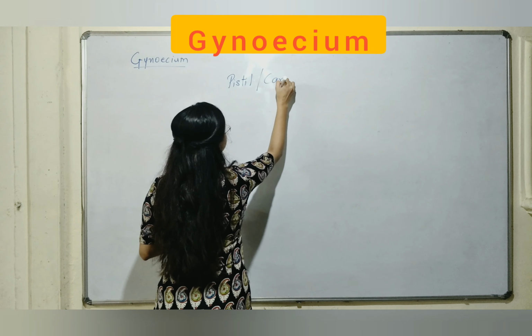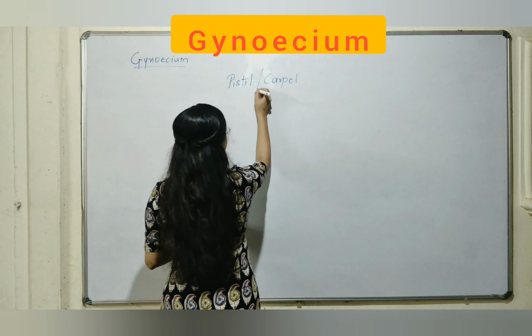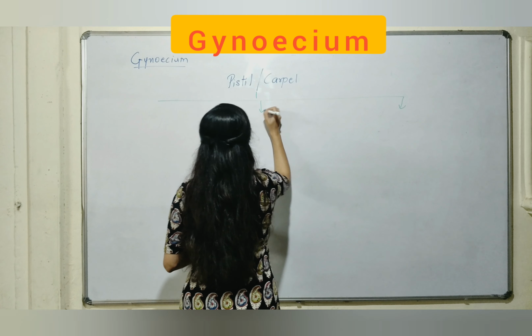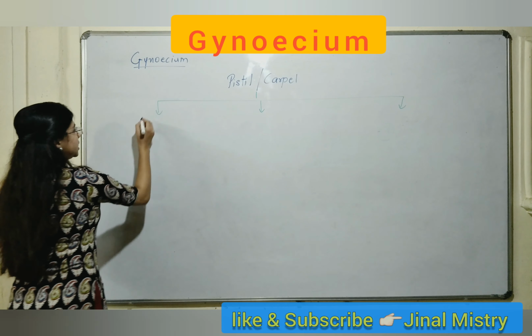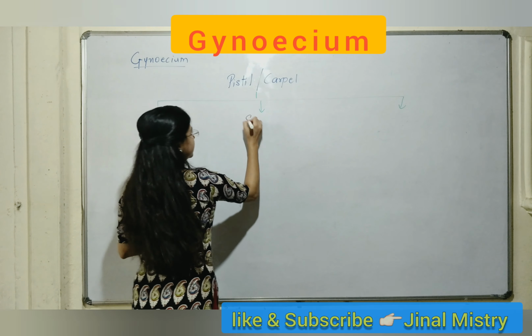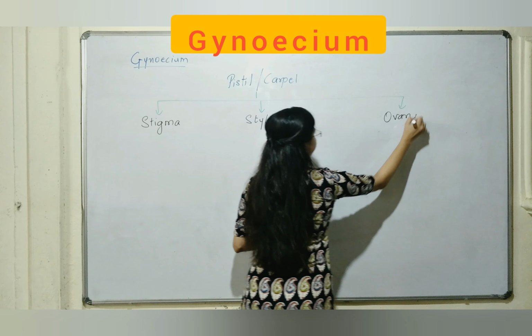The pistil or carpel has three parts: the stigma, style and ovary.